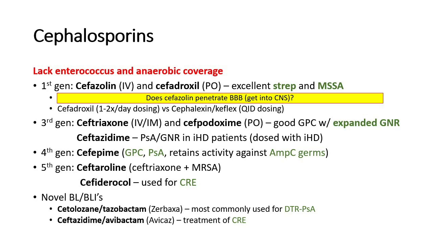I'm going to run through these slides pretty quickly because we don't need to go through this ad nauseam, but these are the different classes or generations of the cephalosporins, similar to the penicillin generations.